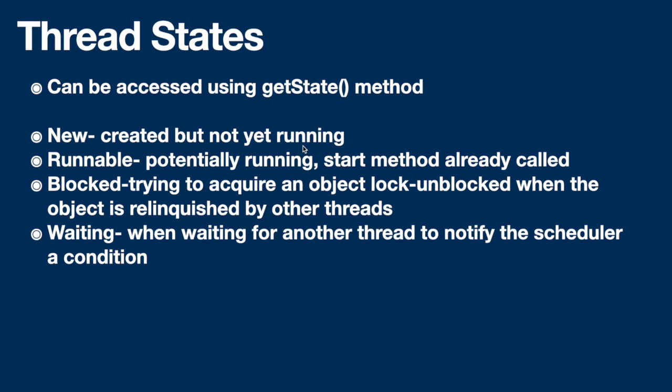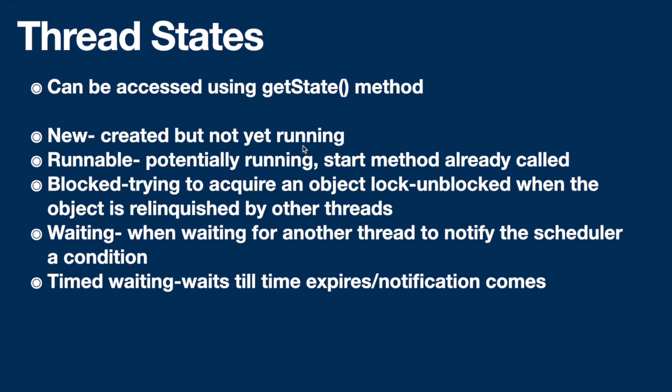The other is the waiting thread. When a thread is waiting, it is waiting specifically for a thread to notify it, the thread that is executing and forwarding the communication to the waiting thread. There is also timed waiting.